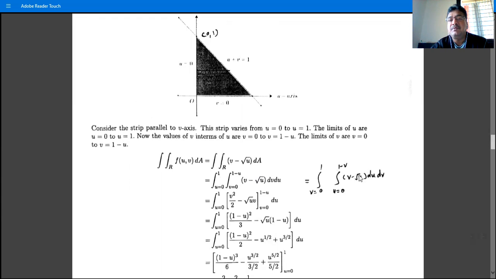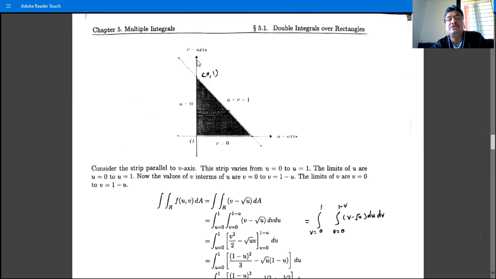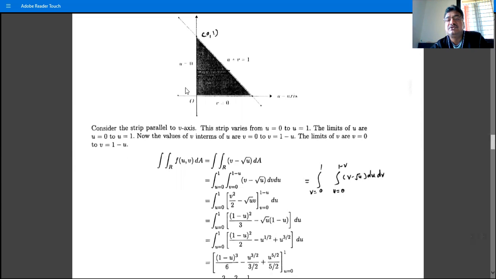So if we have to integrate with respect to u first, then there is no change in the function, v minus root u as it is, and the limits are on u first. So u runs from what to what, and v runs from what to what? Take a strip parallel to the u axis. One end touches the line u is equal to 0, which is the equation of the v axis, so u is equal to 0 is the lower limit.